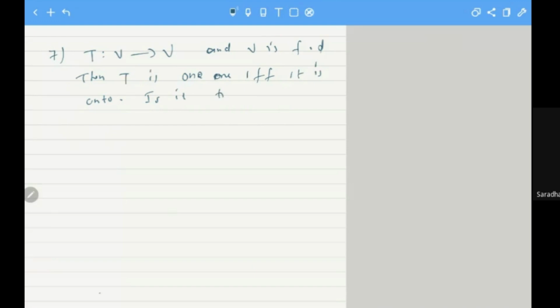Is it true? T is a linear transformation from V to V, which is a finite dimensional vector space. Then T is 1-1 if and only if it is onto. Is it true or not? This is the question. Sir, it is true. Yes, this is true. How do we know that this is true?